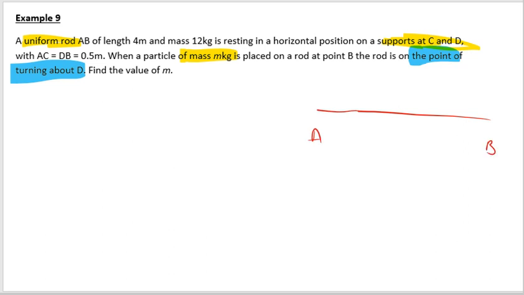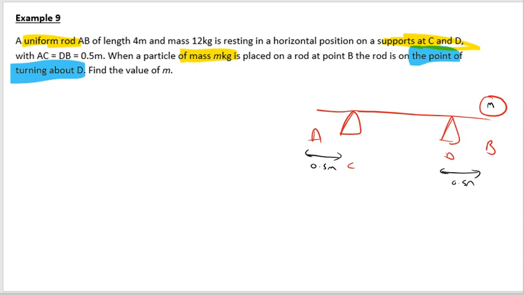A, B, length 4, mass 12, supports C and D, so A to C and B to D. So this then is going to be point C, and then B to D, call it D. Particle is placed at B. So these are both 0.5 in from the end by the look of it. This is the particle.